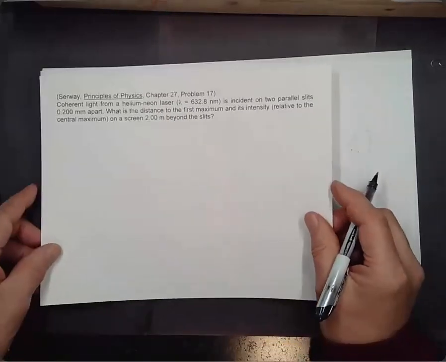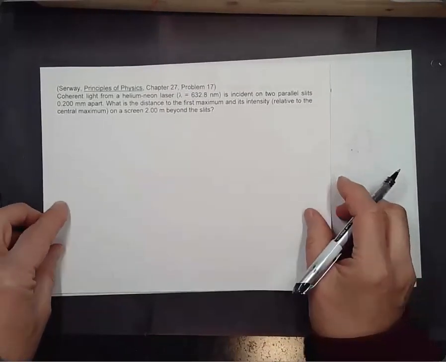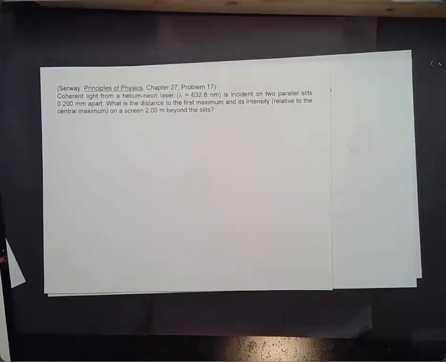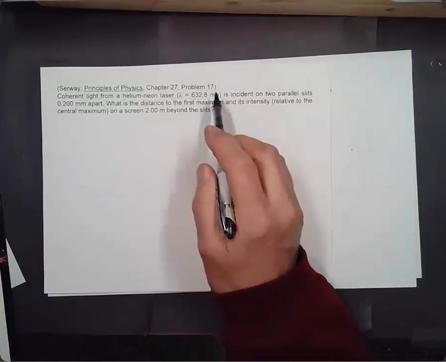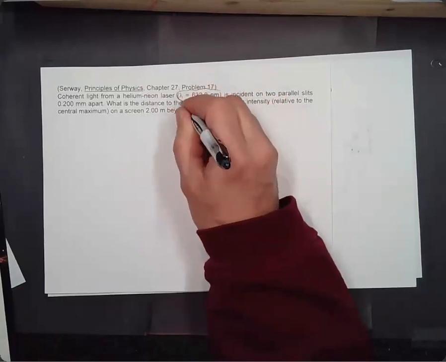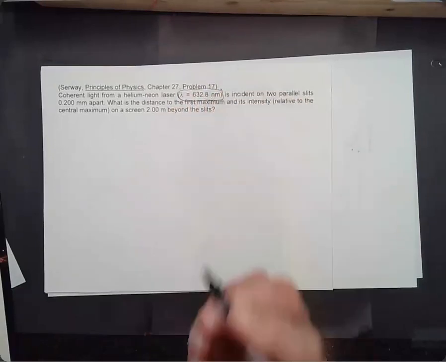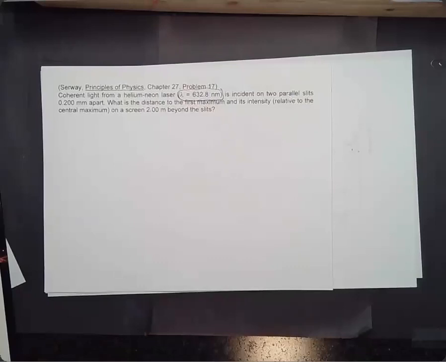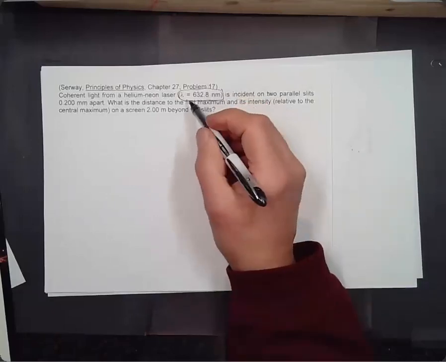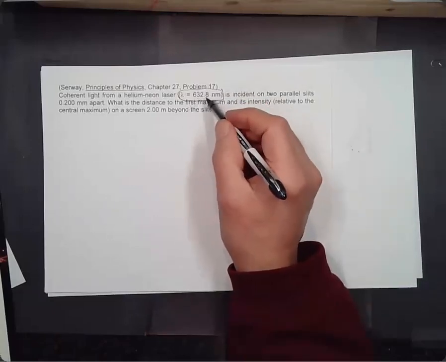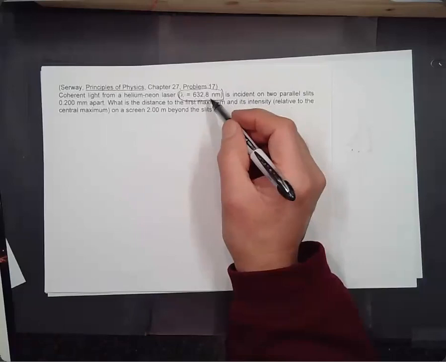And the next problem, this will probably be the last one that we get to today, if I can remember where it is. Yeah, coherent light from a helium neon laser, again, is incident on two parallel slits. By the way, these lasers are used for a lot of examples because we've got a couple of them in the lab, but they produce a nice, stable, bright line, and it's always that particular value.